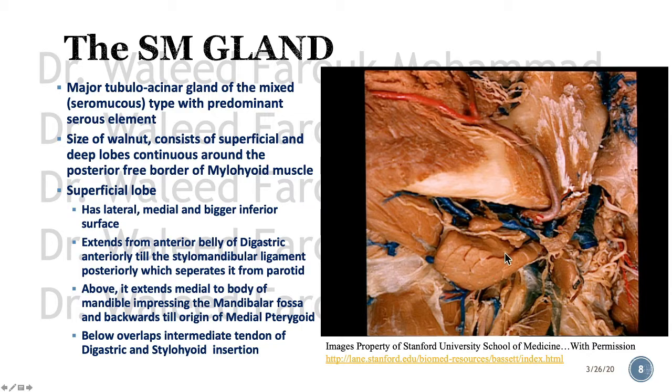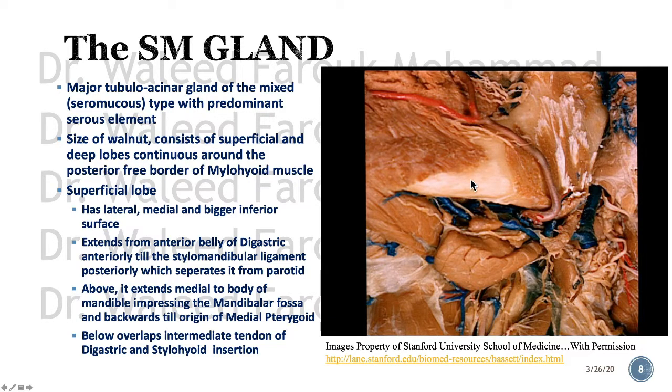The inferior surface extends anteriorly from the anterior belly of digastric and posteriorly till the stylomandibular ligament, where it's separated from the lower part of the parotid gland.